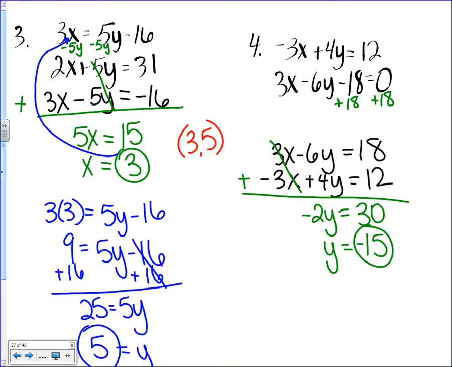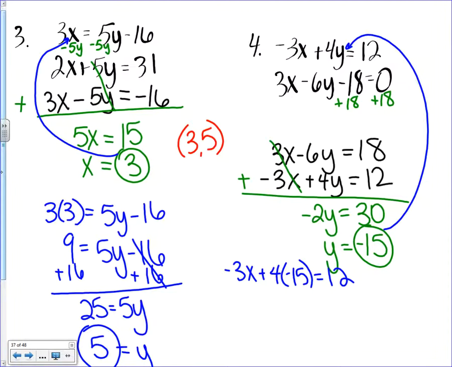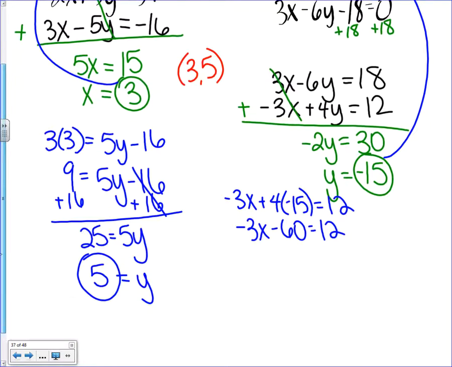The first or second original equation? First. So I'm going to put it right there. Notice it's going in for y. So I have negative 3x plus 4 times negative 15 is equal to 12. What is 4 times negative 15? Solve it.